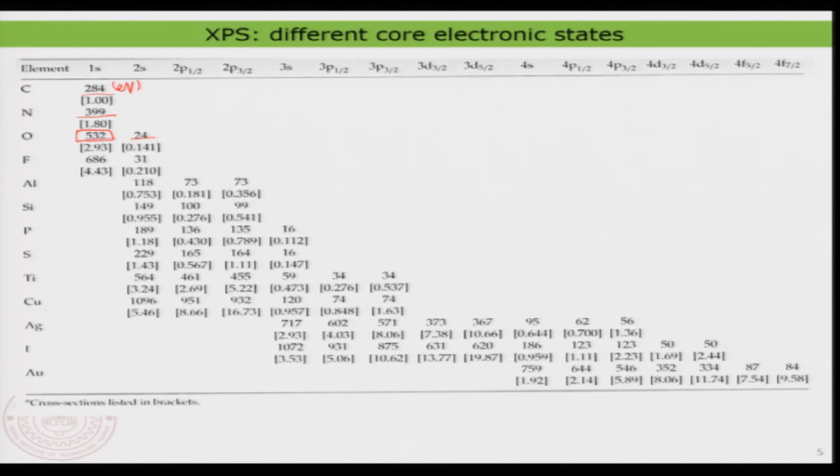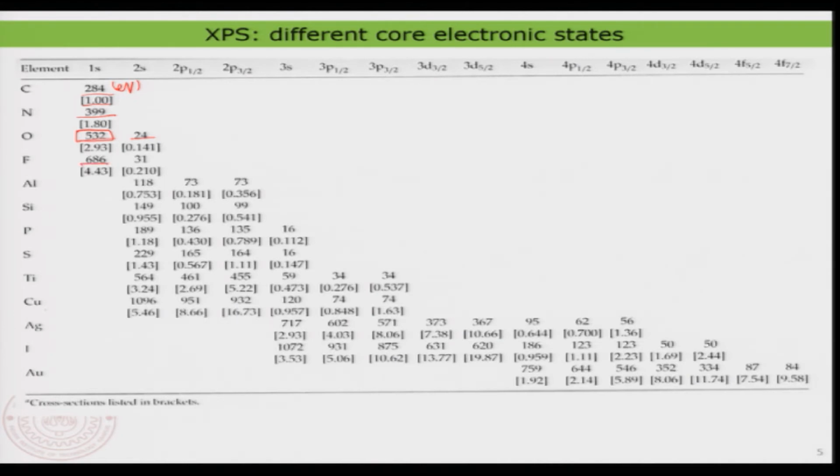But now you see also in the bracket here there is an indicator given, which is known as the cross section or the relative intensity. So carbon is taken here as 1. That means typically the oxygen 1s XPS resonance would be more intense, 3 times as intense as the carbon, for example. That is known as the cross section, and that is also what is given.